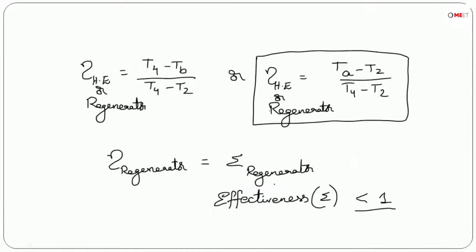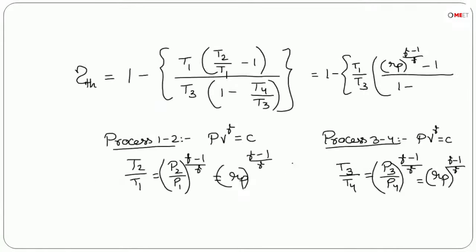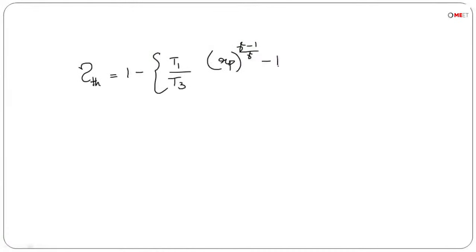Now by using this, we can write this as 1 minus 1 by Rp to the power (gamma minus 1) by gamma. Observe this carefully. The thermal efficiency can be written as 1 minus (minimum temperature by maximum temperature) into (Rp to the power (gamma minus 1) by gamma minus 1) divided by, if we take LCM, (Rp to the power (gamma minus 1) by gamma minus 1) by Rp to the power (gamma minus 1) by gamma.